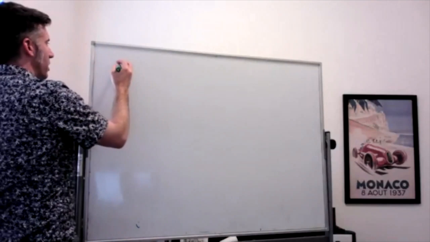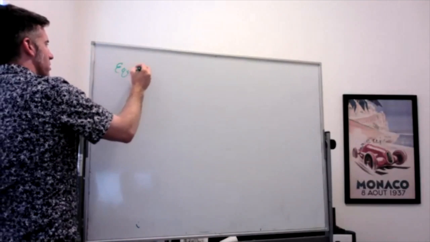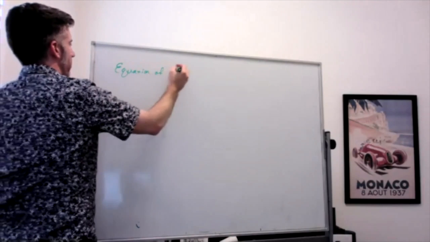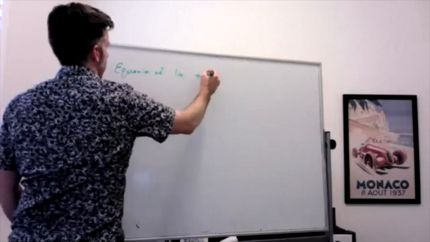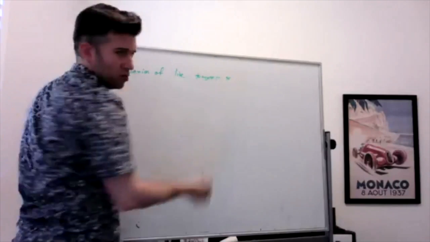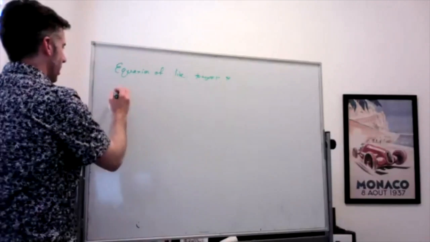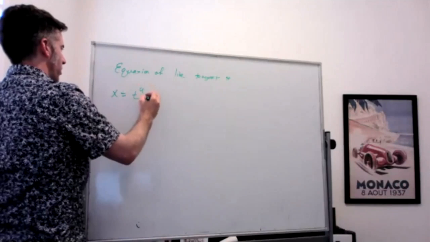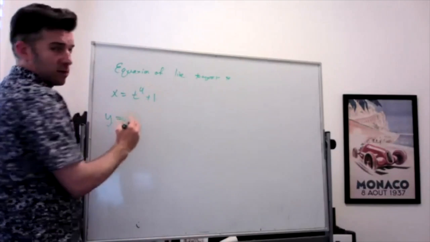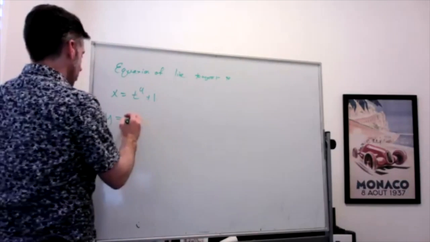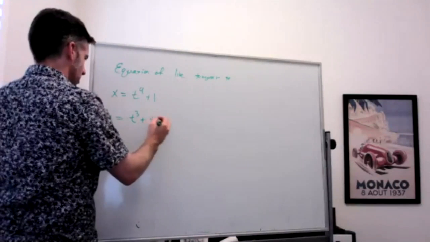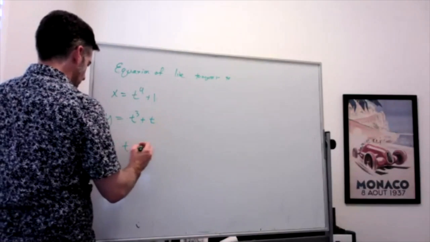So find the equation of the line tangent to x equals t to the 4th plus 1, y equals t cubed plus t, at t equals 2.